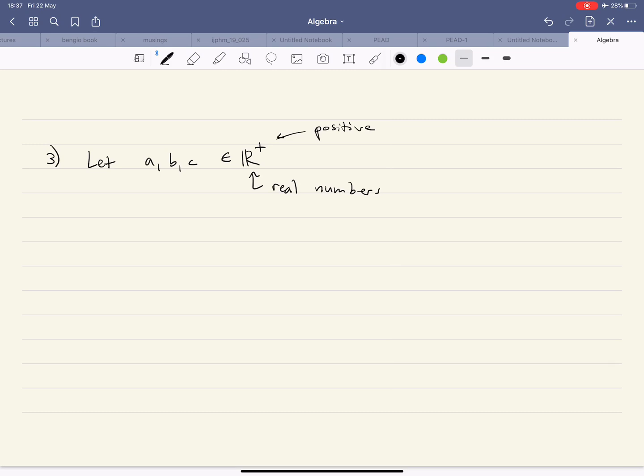So we have, if A times B equals 48, and B times C equals 96, and A times C equals 72, what is the value for A, B, C?